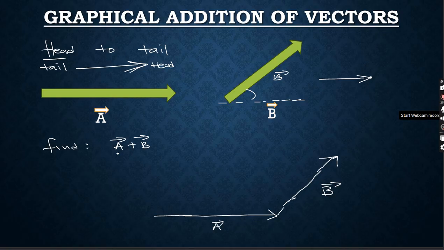You connect from the tail of vector A to the head of vector B. So this now is the resultant vector. This line connecting the two is the resultant vector, which is A plus B.